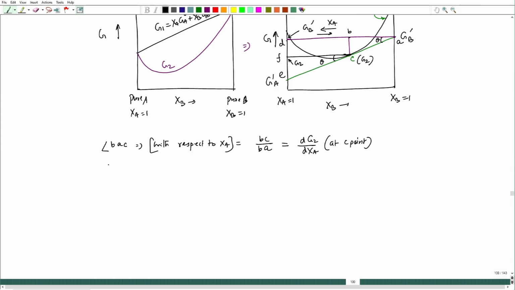Similarly, if I consider the angle FCE, and here I am taking it with respect to XB, that time I can take FE divided by FC.